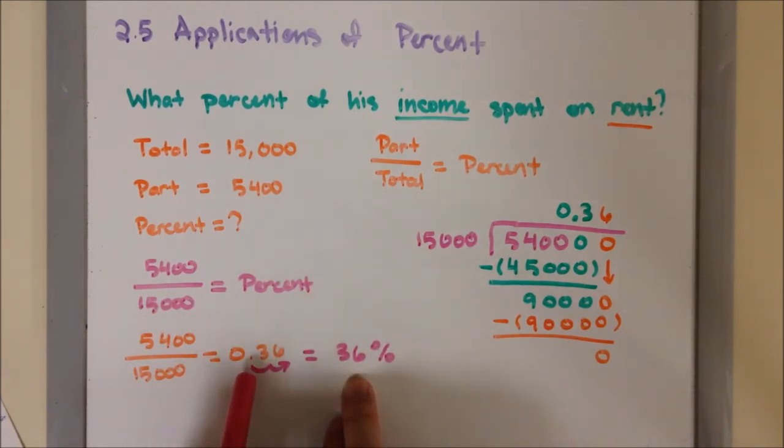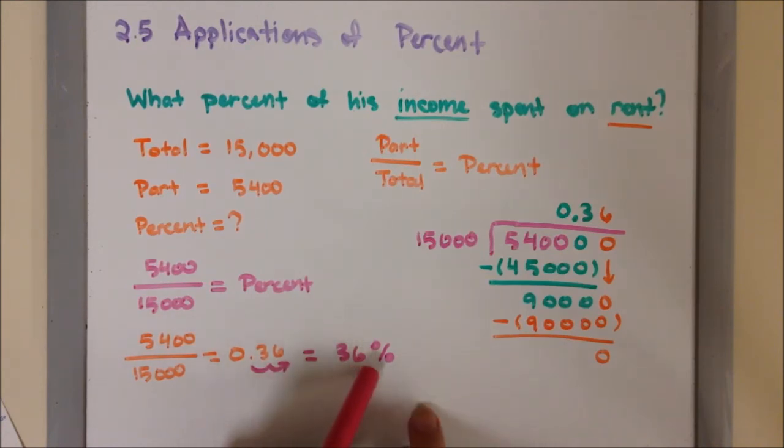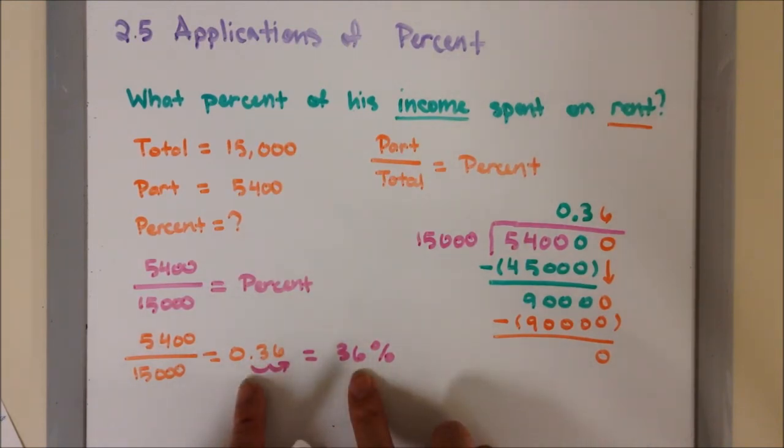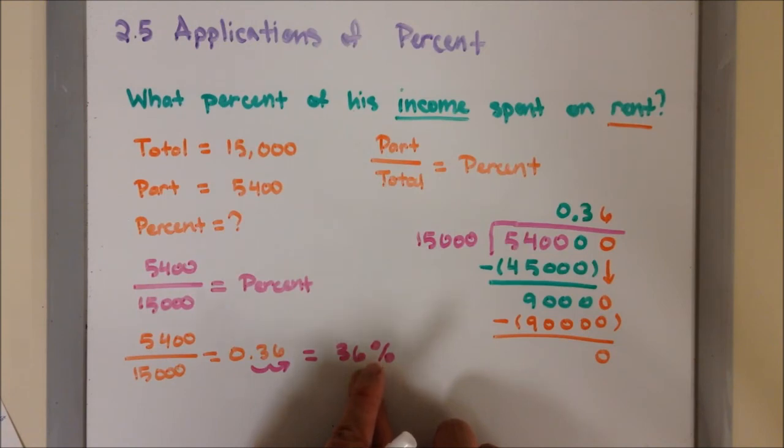Bear in mind that it's 36%. If you go from decimal to percent, you move the decimal to the right 2 times. If you go from percent to decimal, move the decimal starting from the 6 to the left 2 times.